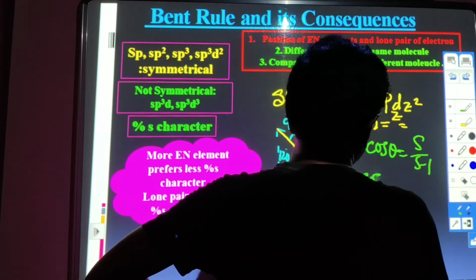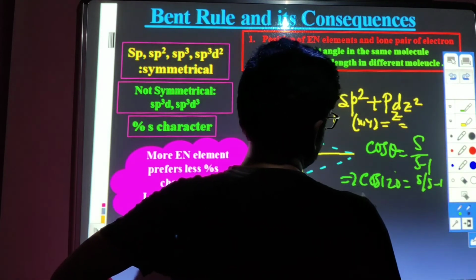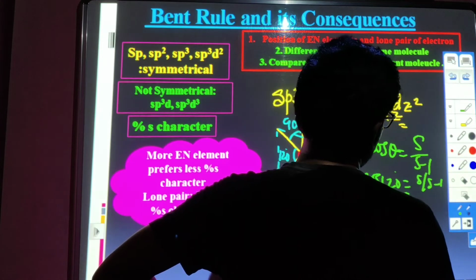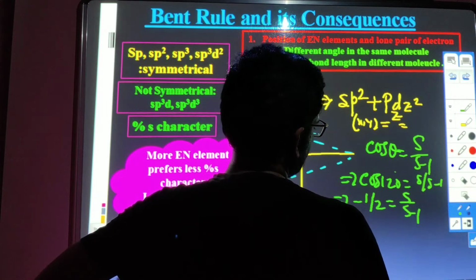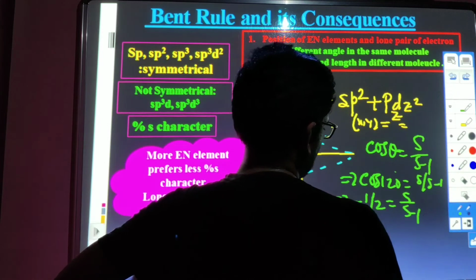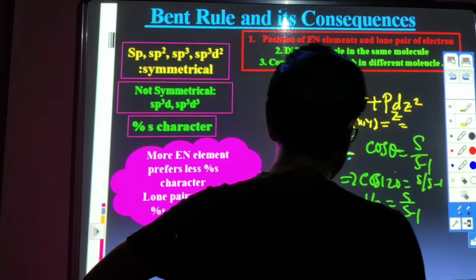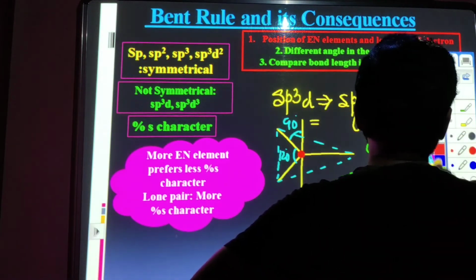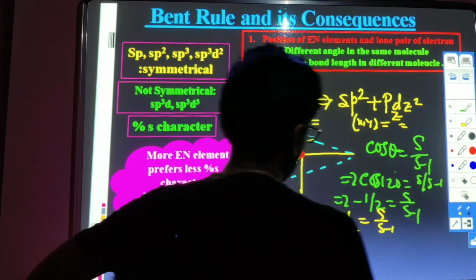So cos 120 degree equal to S by S minus 1, means minus half is equal to S divided by S minus 1.